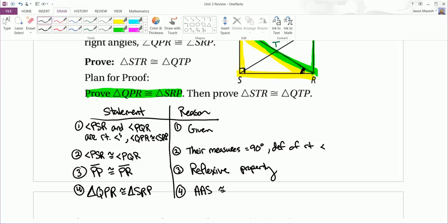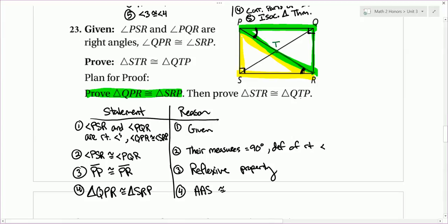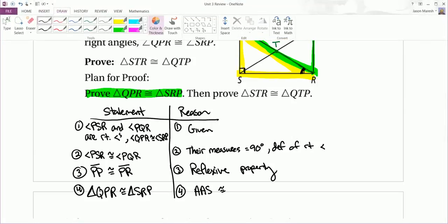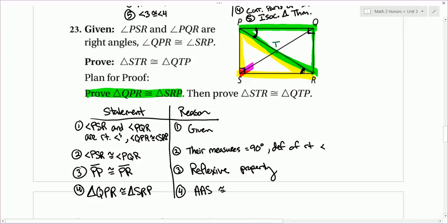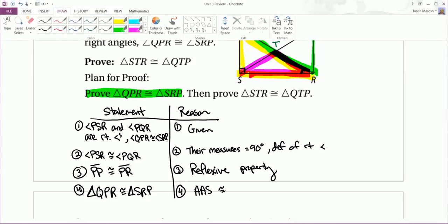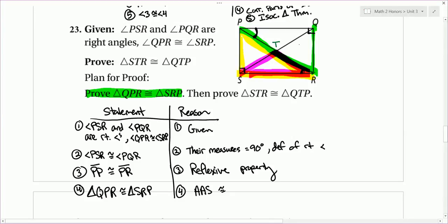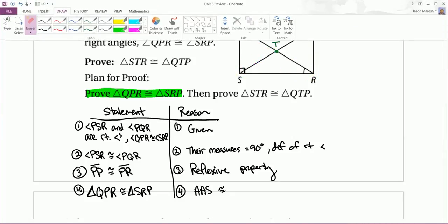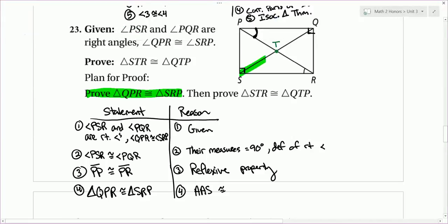So now that we have that, now let's see what we're trying to do. I'll highlight it in purple. We're trying to show that these, it's getting a little messy. Let me erase some stuff. So we have those two larger triangles congruent. We're now trying to show that these two triangles are congruent.